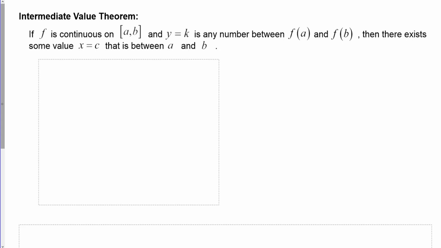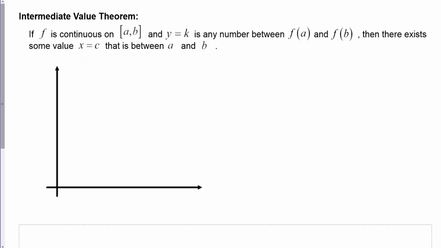And let me graph some general function and help you understand what the rest of this is actually saying. So if I have some function, and I will draw a function like this. So this is my f of x. Now, it's restricted to an interval.